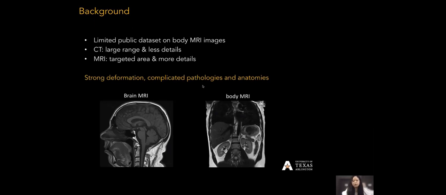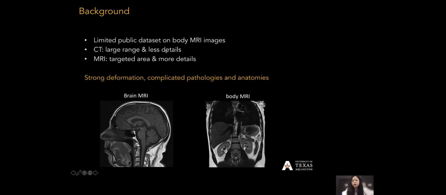So far, a lot of publicly available datasets focus on the brain MRI, but there are very limited datasets focusing on the body MRI. Usually, when the patient is taking a CT scan in the hospital, they're focusing on a large range with less detail.